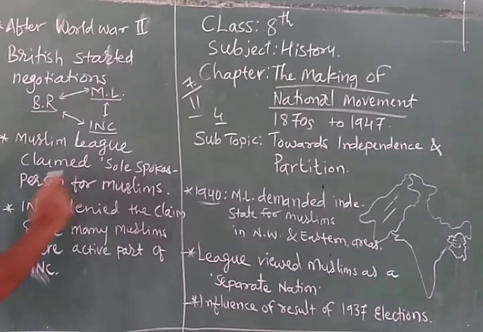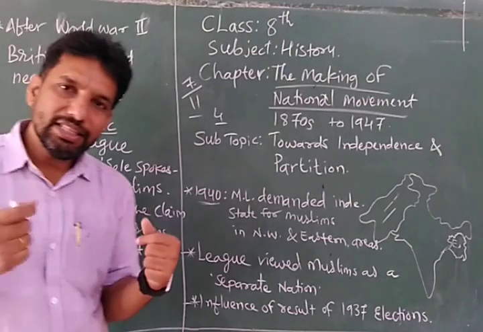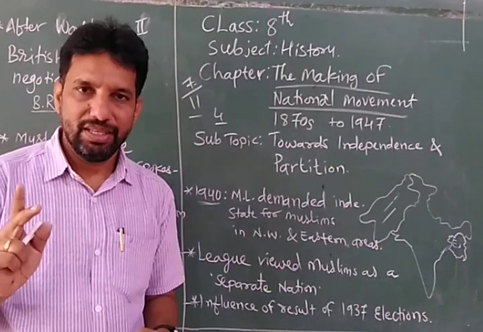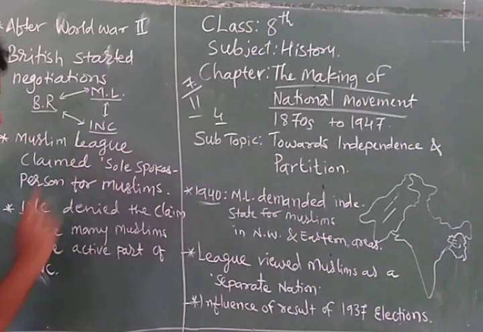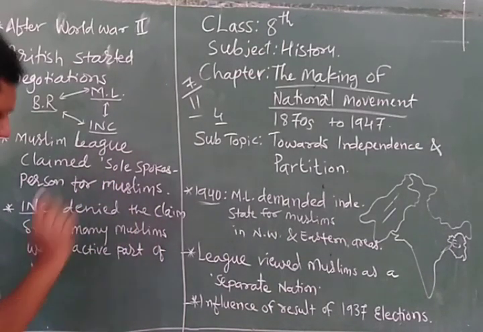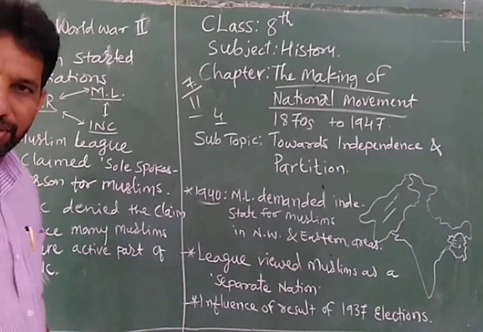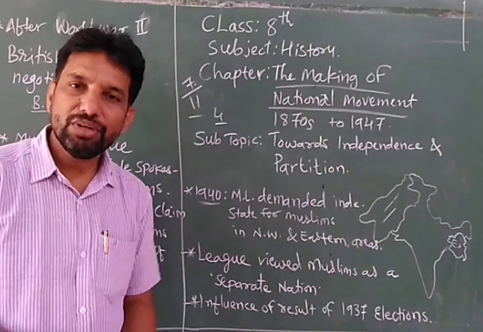The Muslim League again claimed to be the sole spokesperson for Muslims. It means the Muslim League considered itself an independent voice representing the Muslim community. That was the view of the Muslim League. But the INC denied the claim of being the sole spokesperson, since many Muslims were active parts of the INC. You may see Maulana Azad and Khan Abdul Ghaffar Khan.